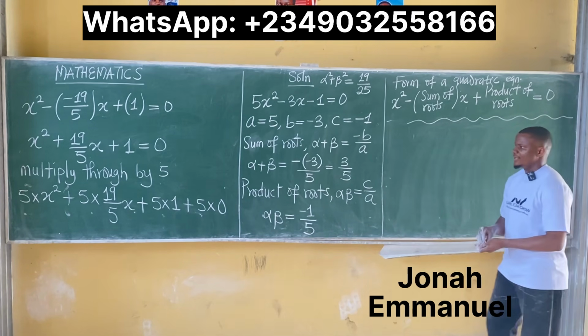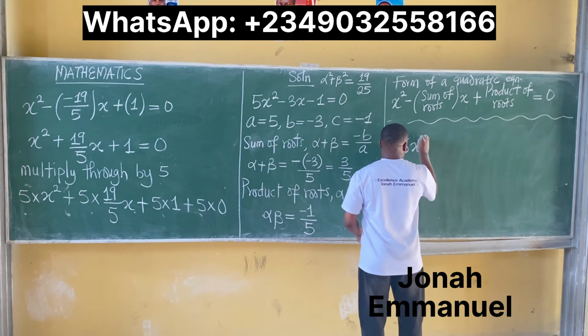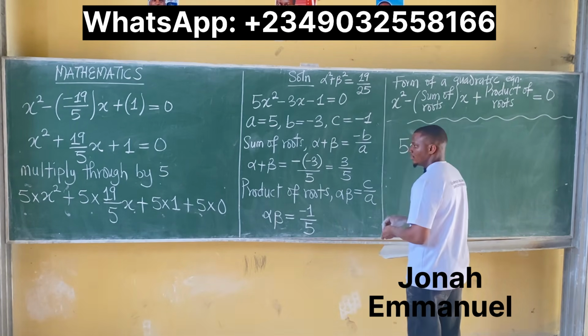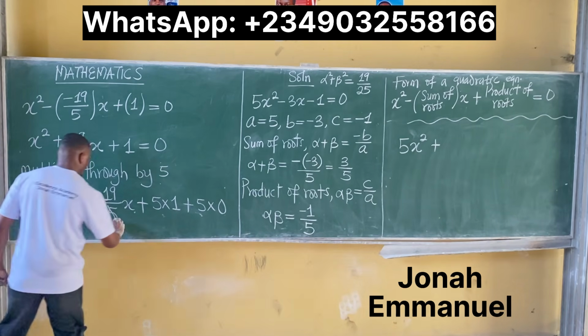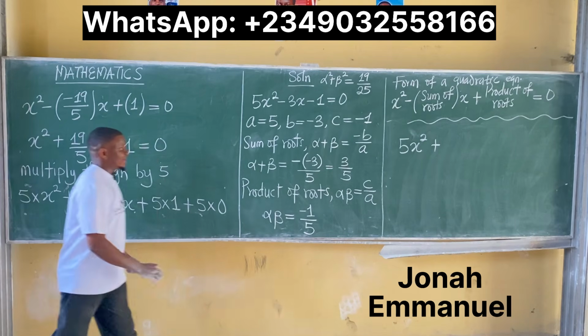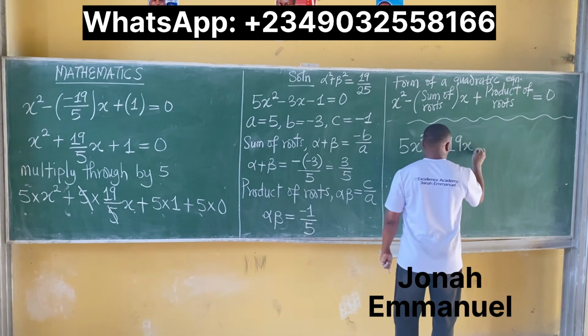When we do that, 5 times x squared gives you 5x squared, plus, from here, this will cancel this, 19 times x gives you 19x.